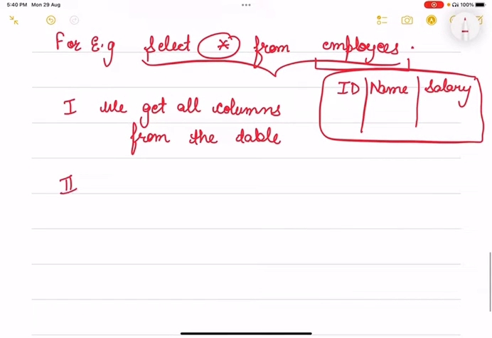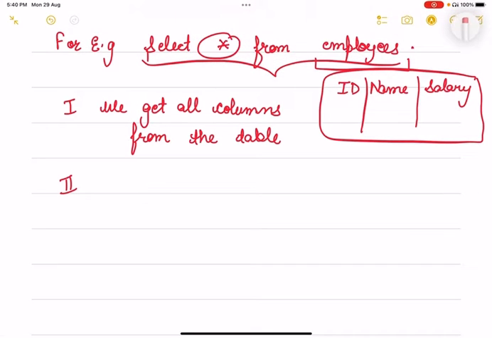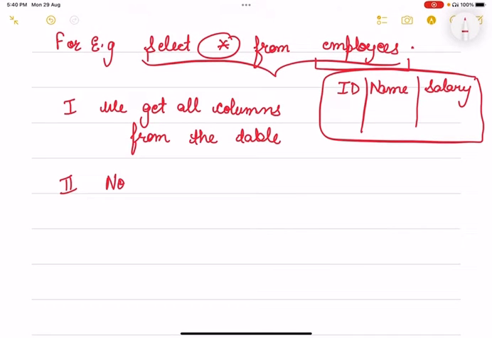Second possibility will be no columns at all. We get an error.